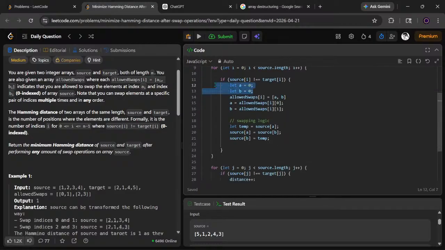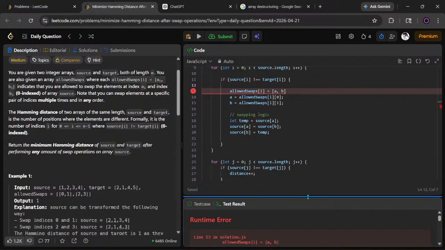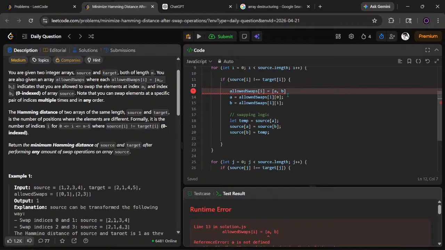If I just remove this thing, then it should complain like, where is A and B, what is A and B? Yeah, so A is not defined, B is not defined. Can't I really do it like this, bro? Do I really need A and B? Can't I do it like this?